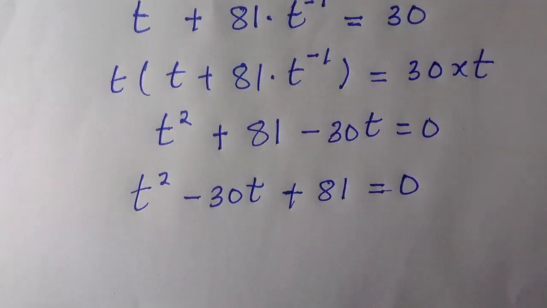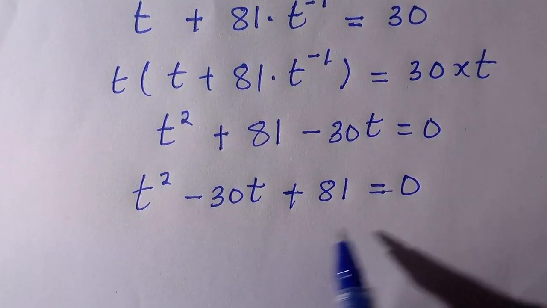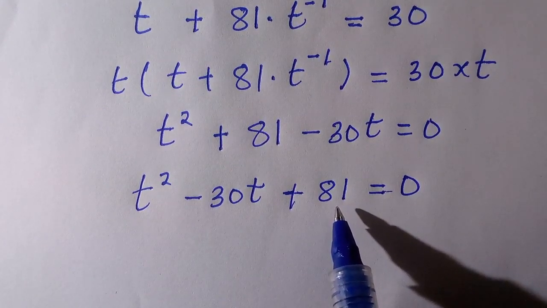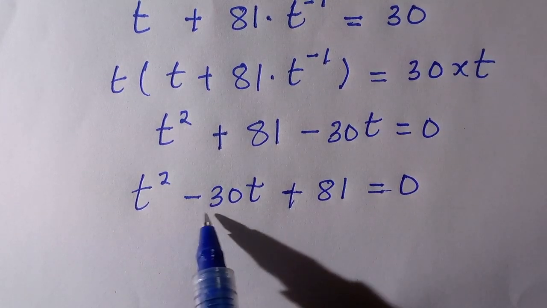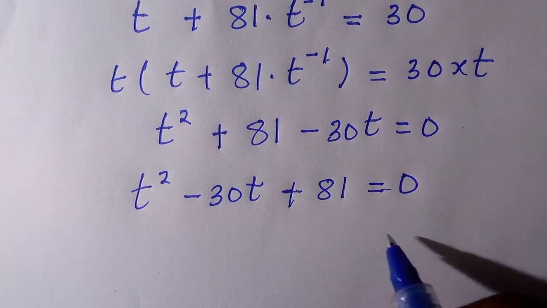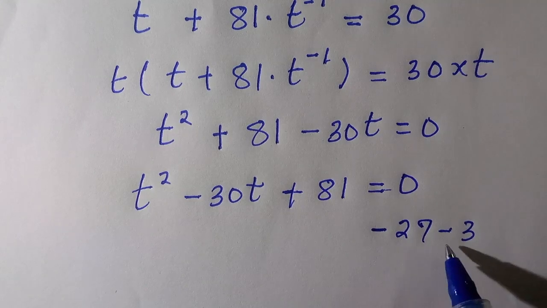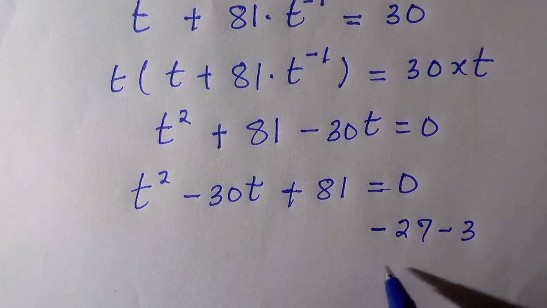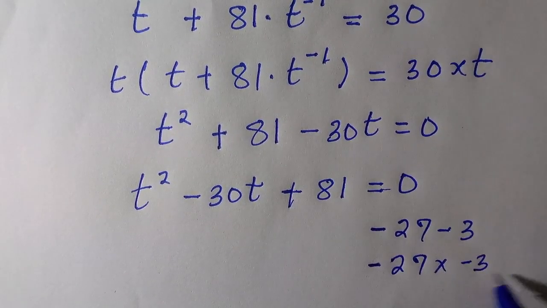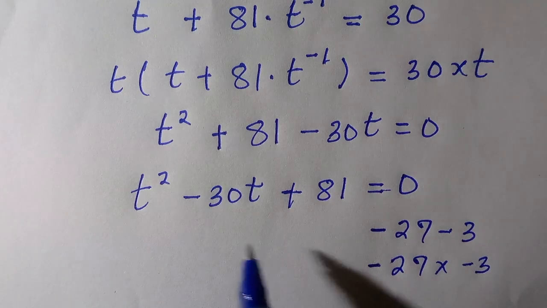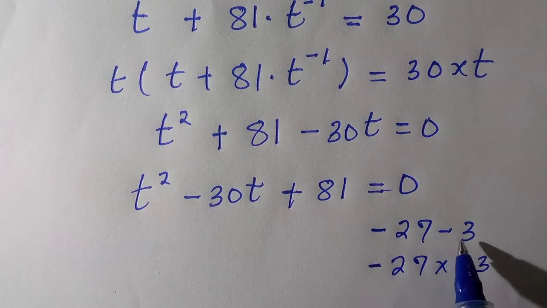And next we have this as a quadratic equation. Here is minus 30 and here is 81. Let's do something very nice. This minus 30, if we have it as minus 27 minus 3, this gives minus 30. And by multiplying minus 27 by minus 3, this gives 81. So the two roots are minus 27 and minus 3.